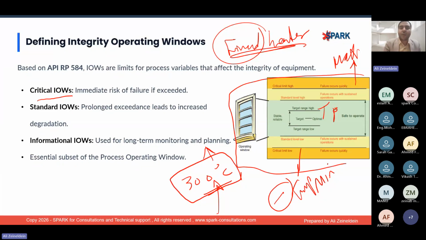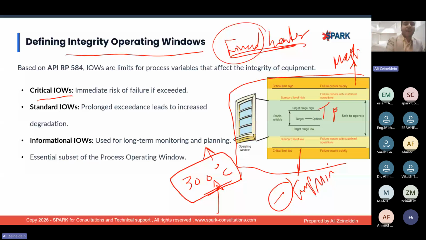So finally, what the operation team tries to do is to stay restricted within the integrity operating window. Why? In order to avoid exposing the equipment to defects, which then propagate until failure could happen, as we explained in the previous slides.